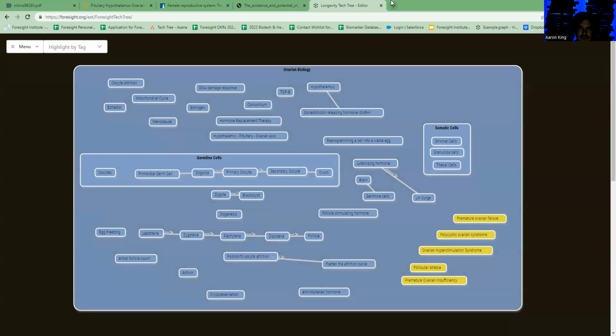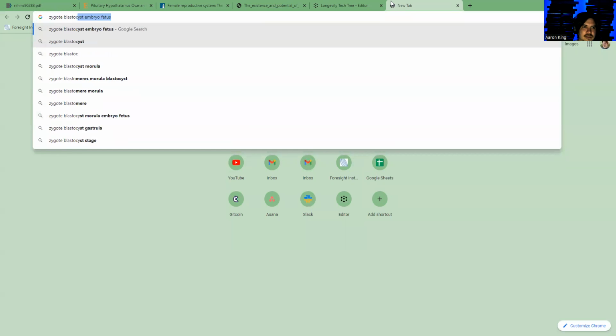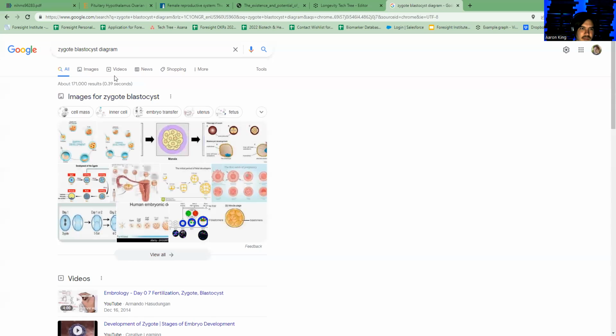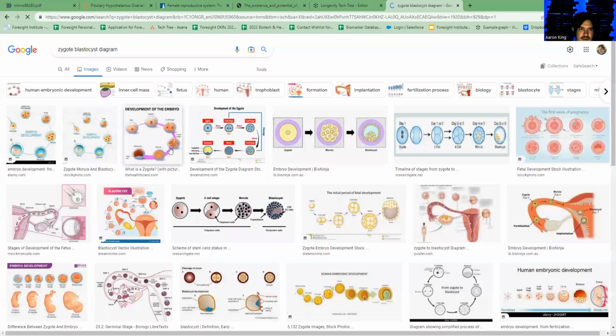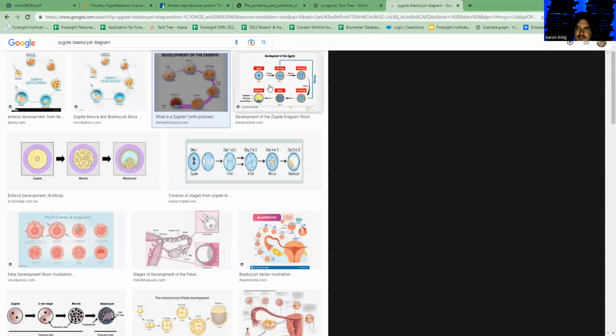Ovum. Zygote. Maybe just zygote blastocyst diagram. Egg, zygote, blastocyst. Zygote.